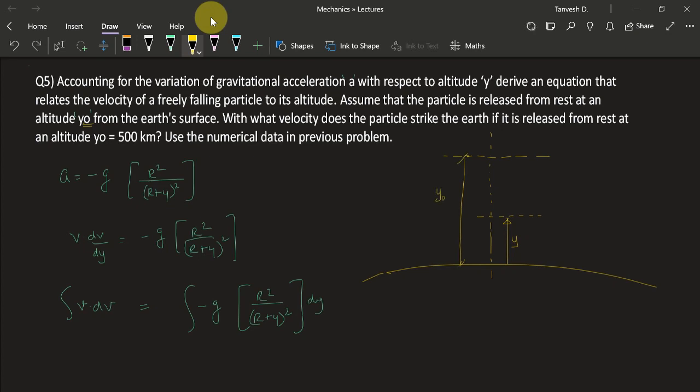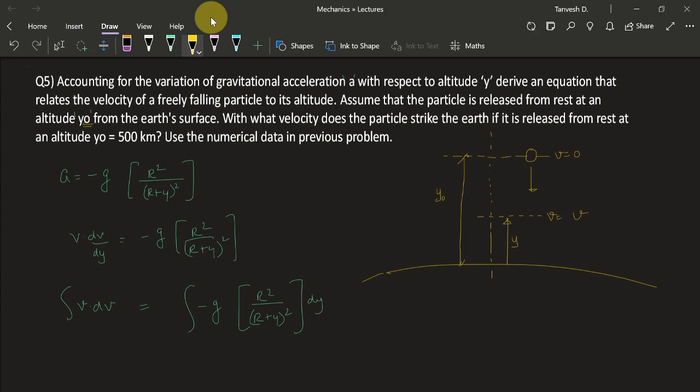Your object is being released from this point, so the velocity here will be equal to 0. When it comes down, let us say the velocity at a distance of y from the surface of the Earth is v. From the point where it is being released, the velocity obviously has to be equal to 0.